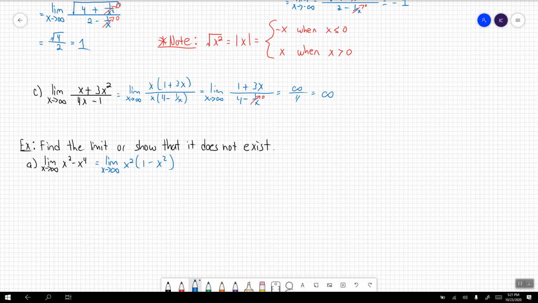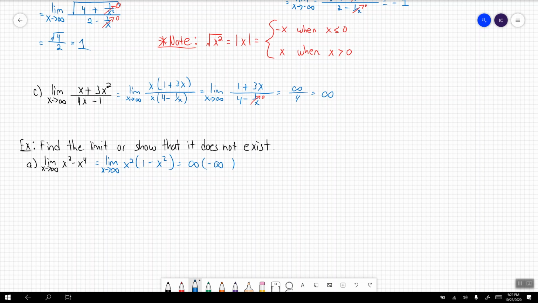And a direct substitution at this point will then get us, for the first factor x squared, some sort of infinity, some very large number, multiplied by 1 minus infinity. And again, 1 minus infinity is just some very, very large negative quantity. So this can be interpreted as negative infinity.